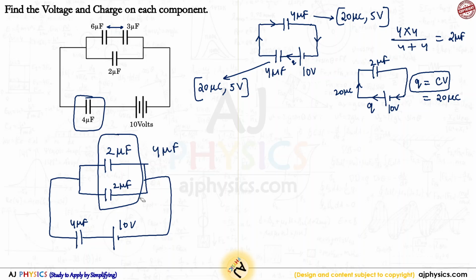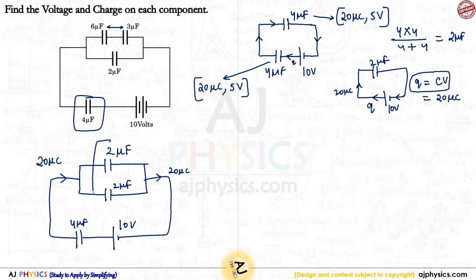What we have is the charge coming from here, that was 20 microcoulomb, which has to divide into both of them, and it will leave from here as 20 microcoulombs. Fine. Now in this case, although the 2 microfarad and 2 microfarad in parallel are equal, so the charge will be divided equally, that's for sure. But let's get into the proper method.